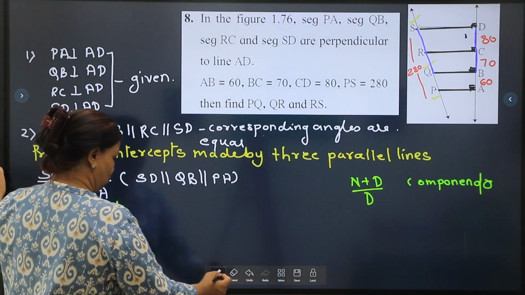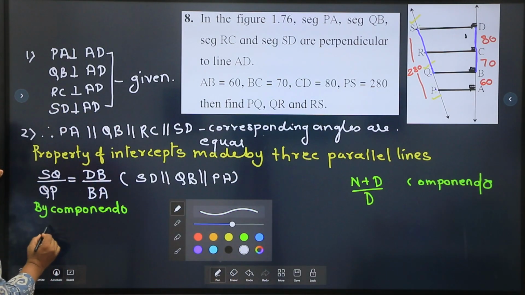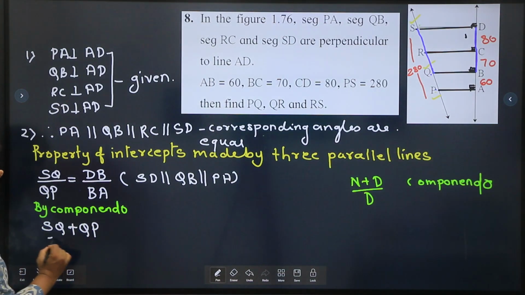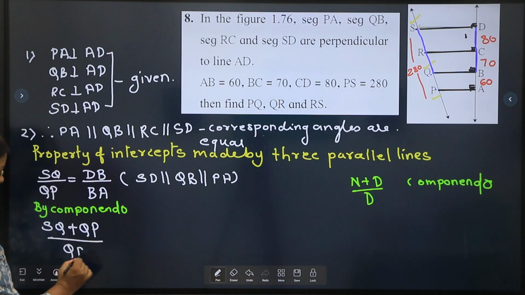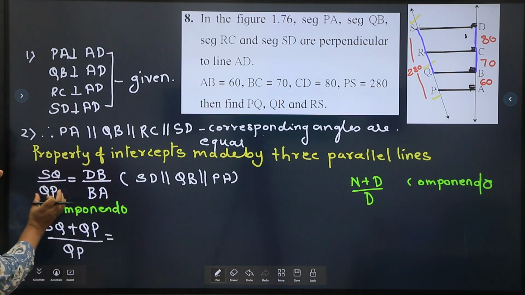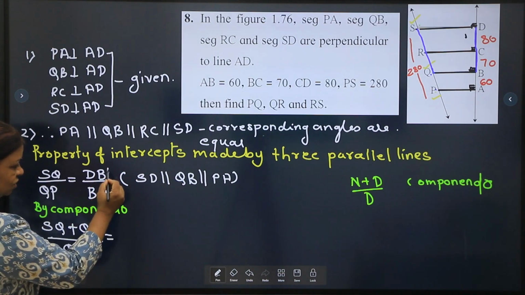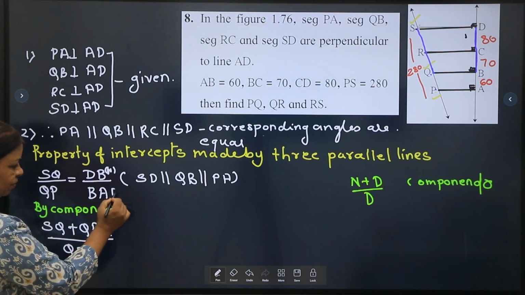Okay. So we get SQ plus QP upon QP is equal to, we will also do that on the other side. Here also, this is numerator and this is denominator.